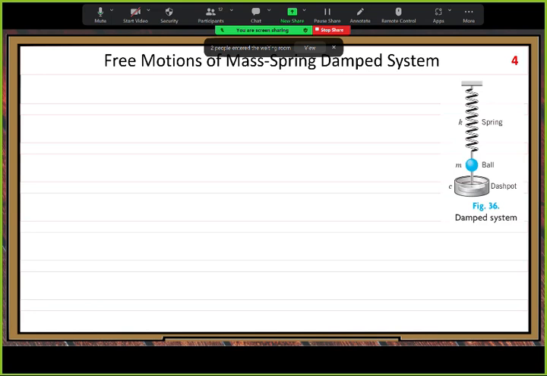Recall, that's the mass spring system, damped, with some internal damping force, not external. Because here there is no external force, if you look at the picture, that means we should have a homogeneous second order ODE.